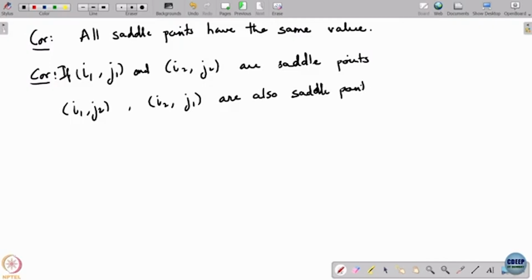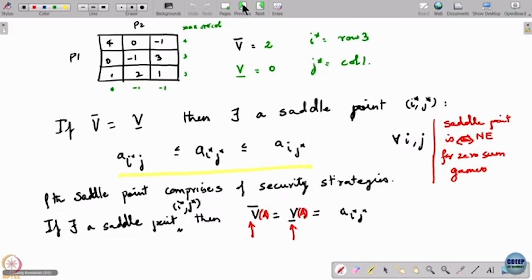You'll have to go back to the proof we showed at the end of the last class. Essentially, if V1 equals V2, there is a saddle point, and a saddle point comprises security strategies.